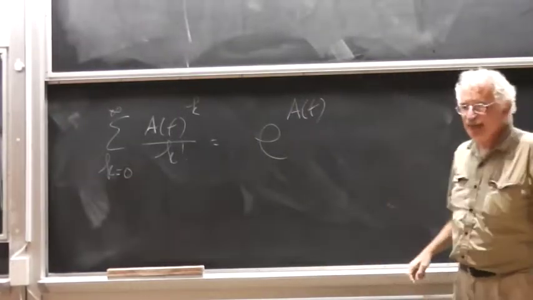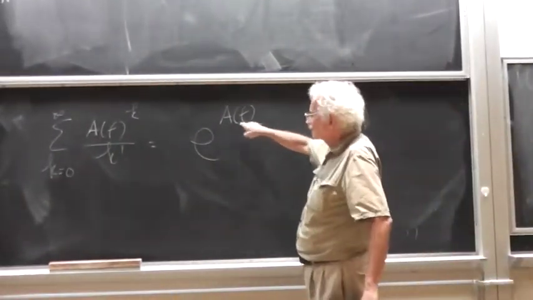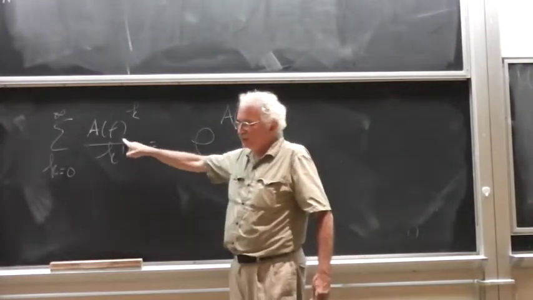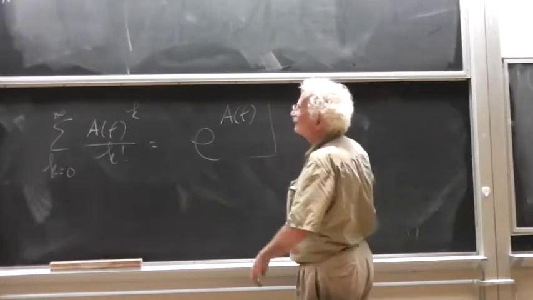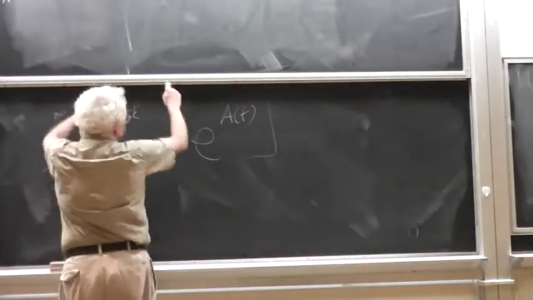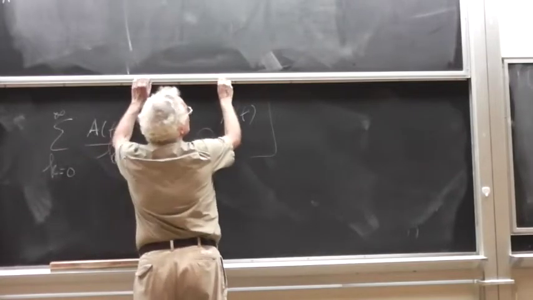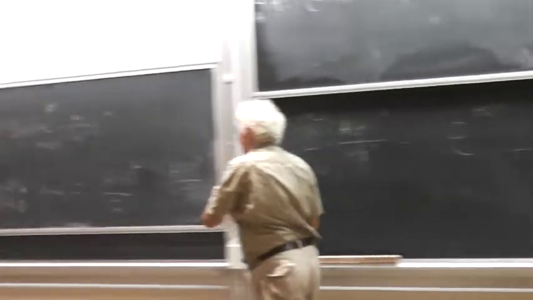So to get from labeled connected objects to non-necessarily connected ones, you get this. And going back to this, I guess.